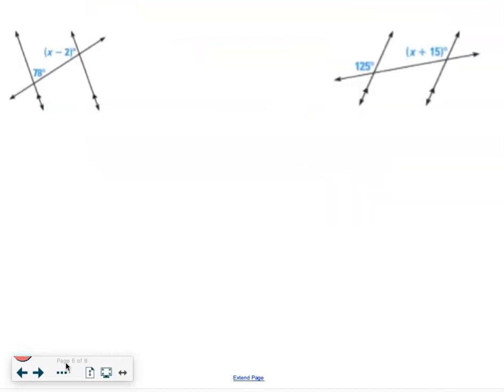So again, let's identify what kind we have. These ones are on the same side of a transversal on the inside, so same side interior, and we know that they are either congruent or supplementary. If you don't remember, look at the front of your notes, and we find that they are supplementary.